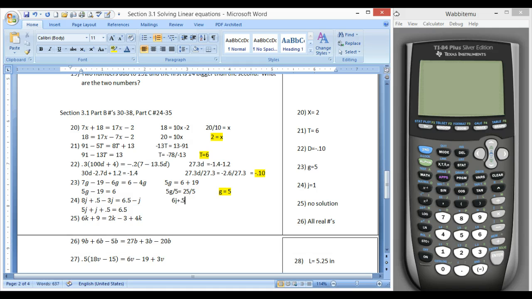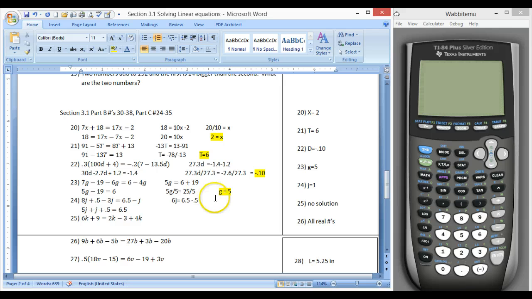plus 0.5 equals 6.5. Now I just need to get rid of this next one, doing the order of operations backwards, remember? So now I'm going to do the adding and subtracting. So the opposite of adding 0.5 will be subtracting 0.5. Subtracting 0.5 on the left-hand side cancels it out.